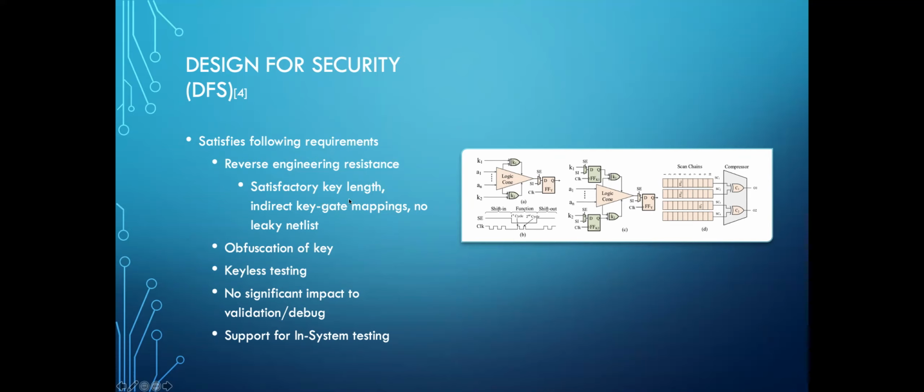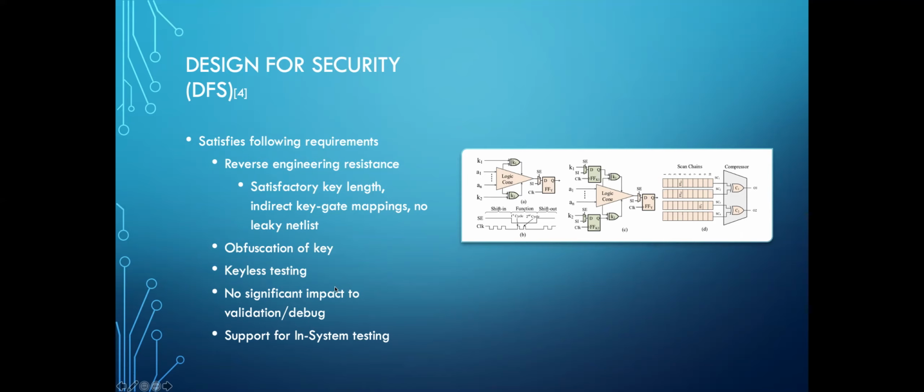As we'll get to, there has been a proposed solution to that, but basically any mitigation technique has to satisfy the following. There has to be reverse engineering resistance, so satisfactory key length, which needs to be long enough to overrule any brute force attempts. The key has to be obfuscated, and this is usually done by spreading out the key bits pretty uniformly to hide their significance.